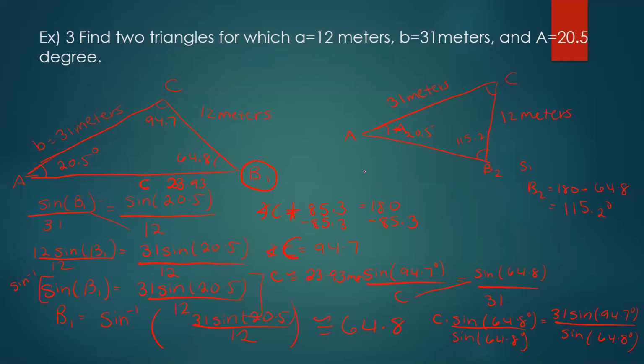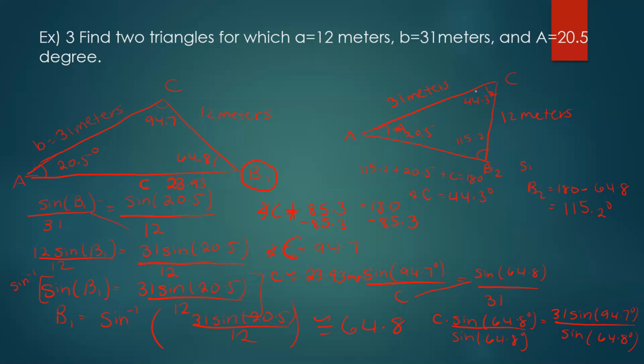So angle C would be 115.2 plus 20.5 plus C equals 180. 115.2 plus 20.5, that's 135.7. So you do 180 minus that. So angle C is 44.3 degrees.